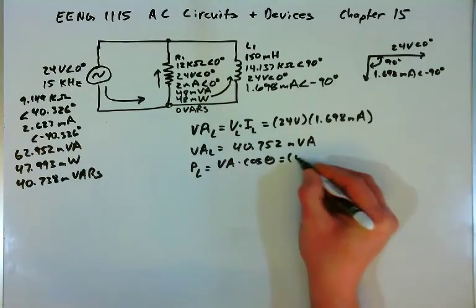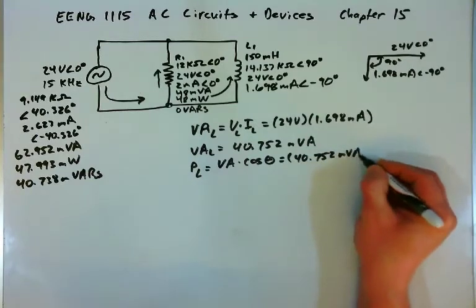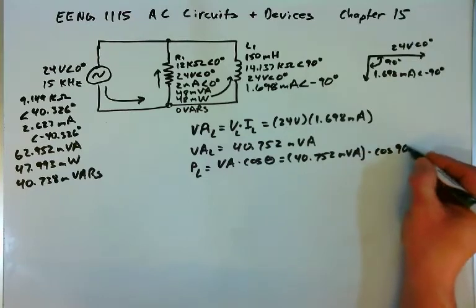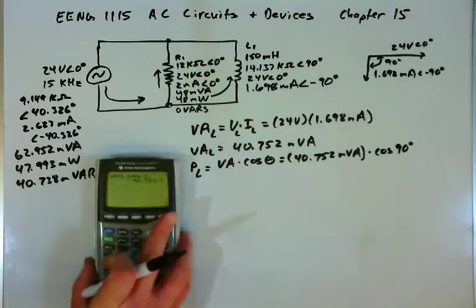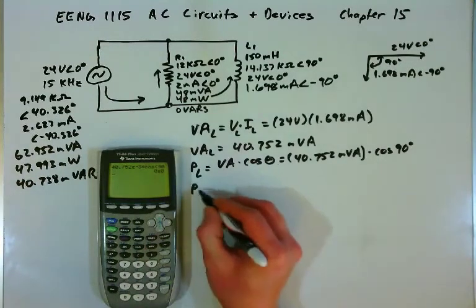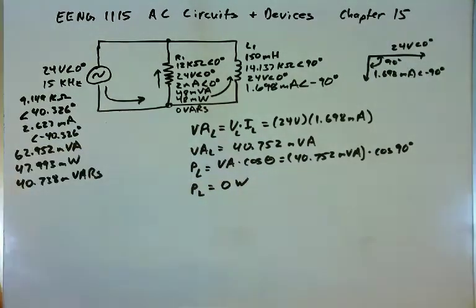And so we'll take the volt amps, 40.752 millivolt amps, and multiply by the cosine of 90 degrees. So we have 40.752 milli times the cosine of 90, and we get 0. The power of the inductor is 0 watts.